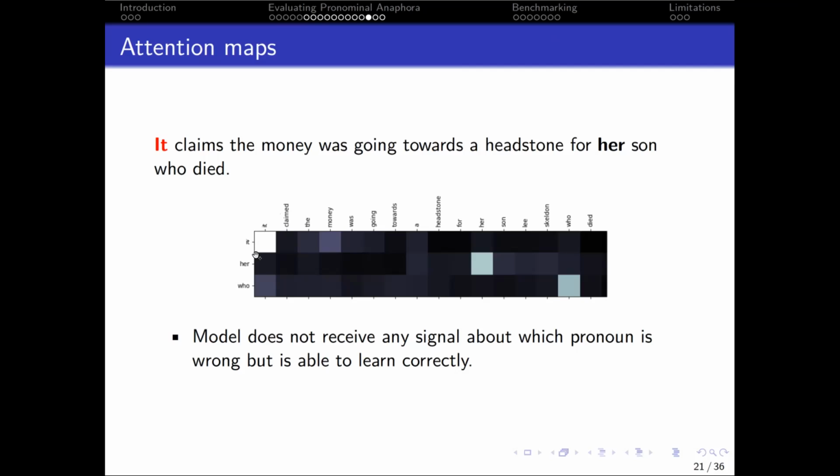The point here is that the model actually doesn't receive any signal about which particular pronoun is wrong. We just give it a reference translation and a system translation and say score the reference one higher. So it doesn't know which particular pronoun is wrong, but it looks like it's looking in the right place. So it's learned to do that after looking at lots of different examples of errors.